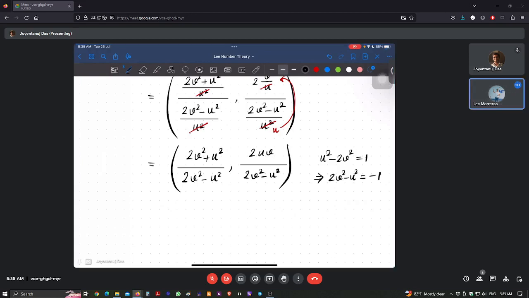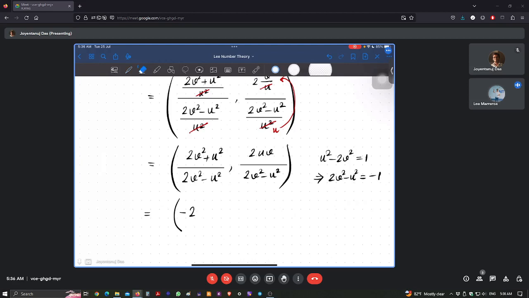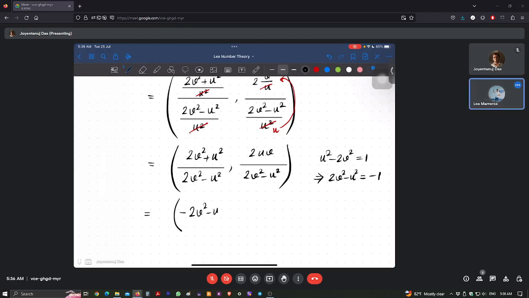So we'll use that now. So it will be just minus 2v square minus u square, minus 2uv.